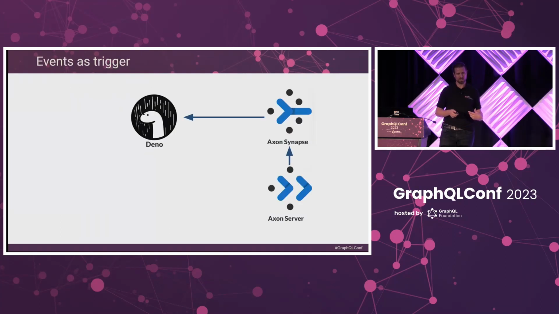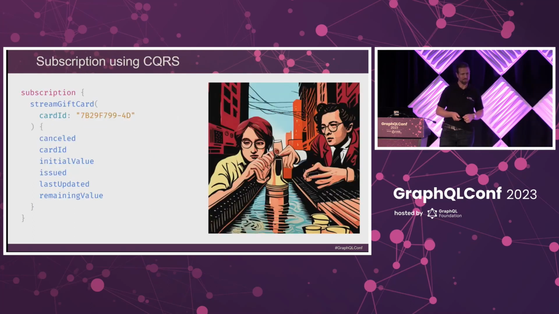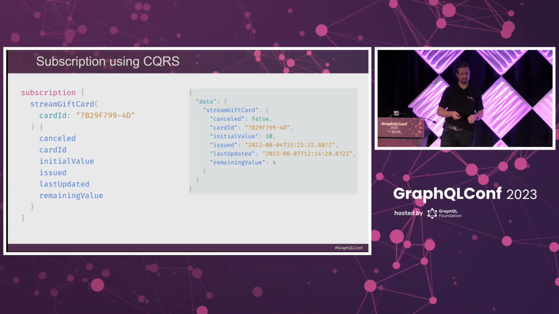So first we do the subscription. For example, we can follow a single gift card or just have any update from any gift card. And if we get those events, we update the entity and send it back to the client with the subscription.